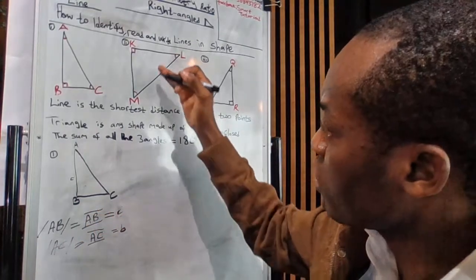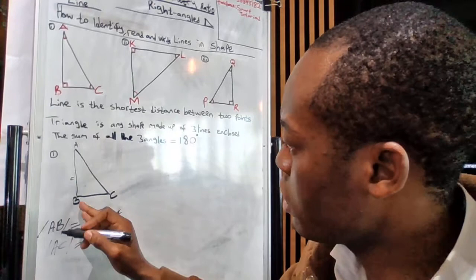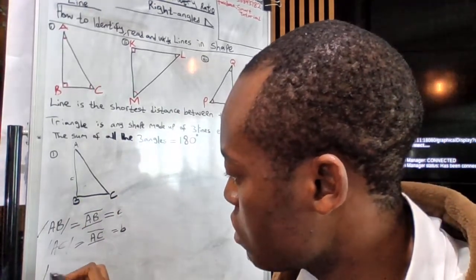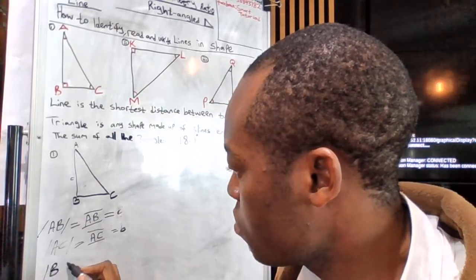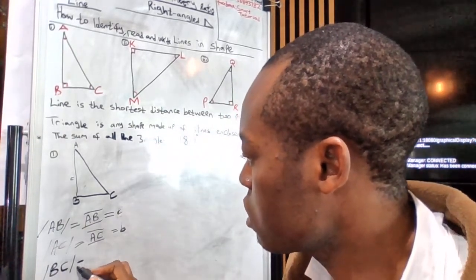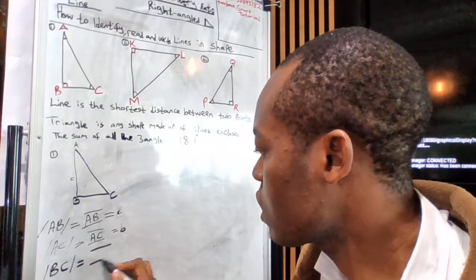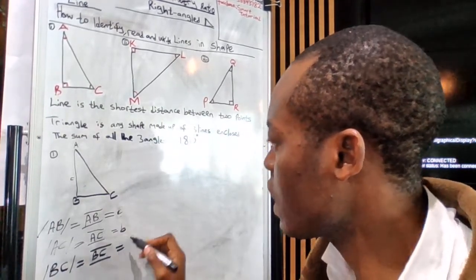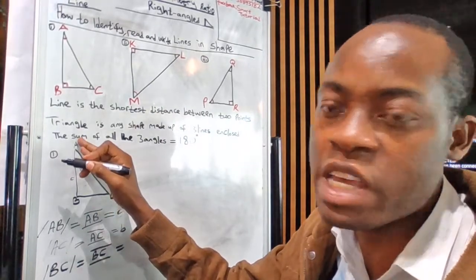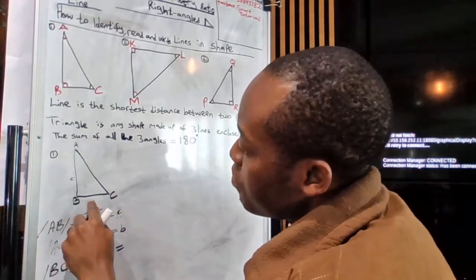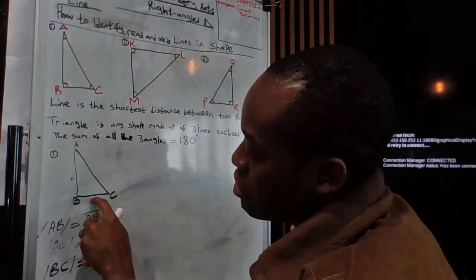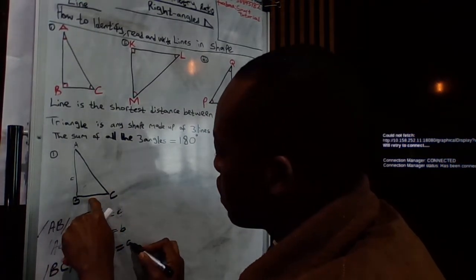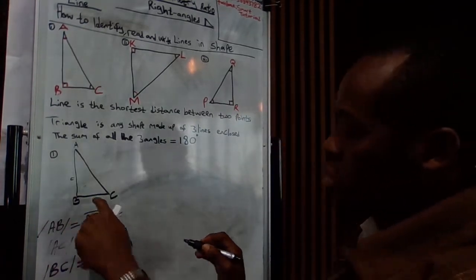Also, the other one is BC. That is, line BC is still the same thing as line BC in this form. And the line BC is facing capital letter A. So capital letter A, this is small letter A. So is that taken?